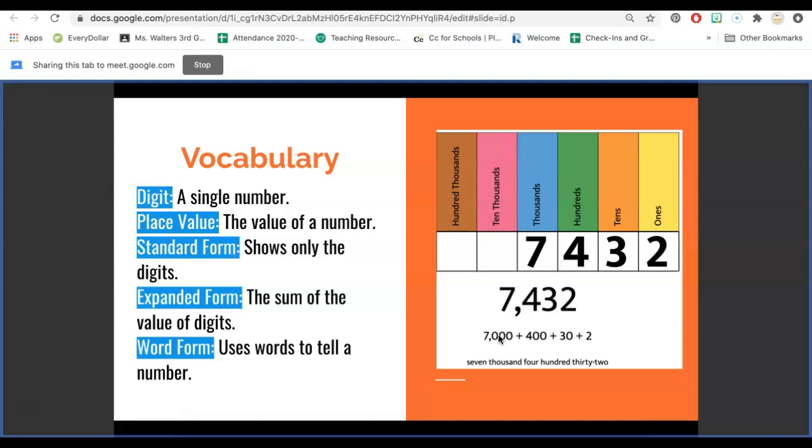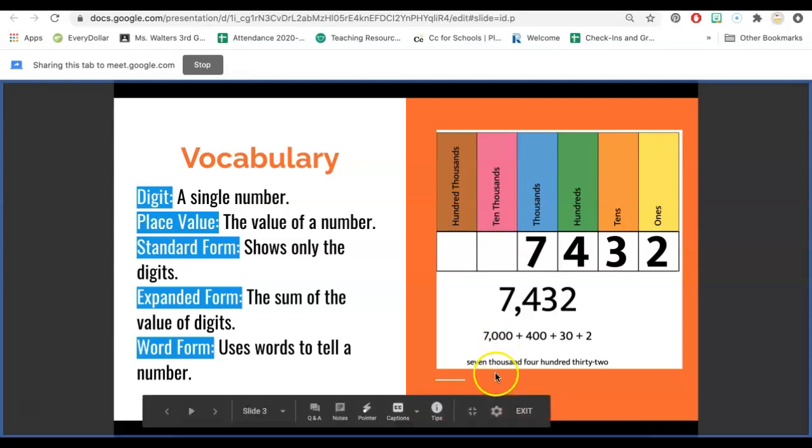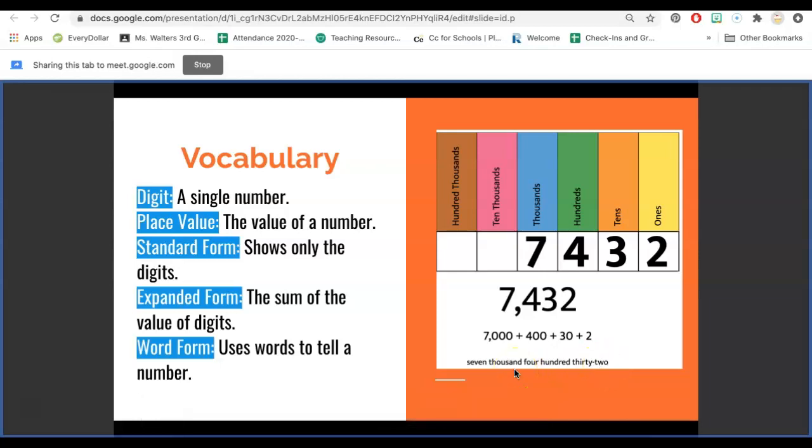And remember, a sum is when you are adding things together. It is the answer to an addition problem. And then word form uses words to tell the number. So here's word form down here, 7,432. Lots of vocabulary today.